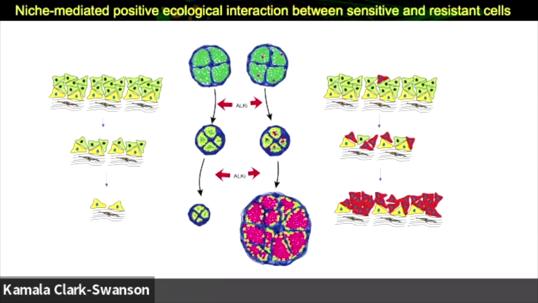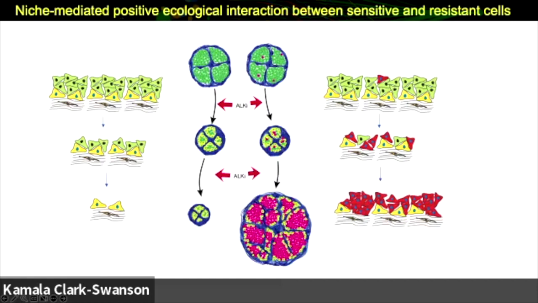And so what we think is going on is a very interesting phenomenon of ecologically mediated positive interaction and ecological rescue that precedes evolutionary rescue. In the normal scenario, the naive cells are partially protected by the stromal niches, but if the therapy shrinks the tumor, you will get fewer and fewer of these niches that can support the naive cells.